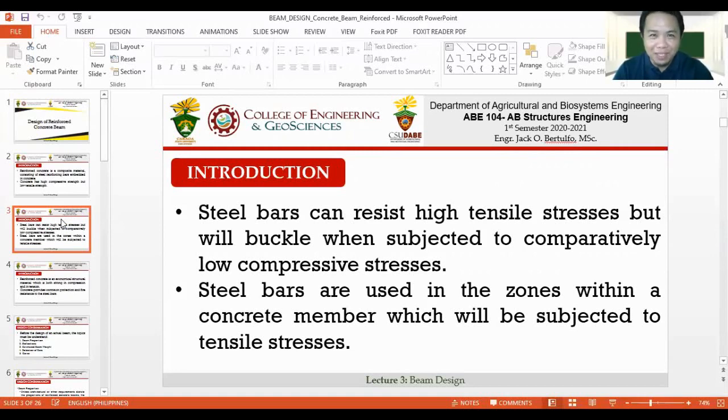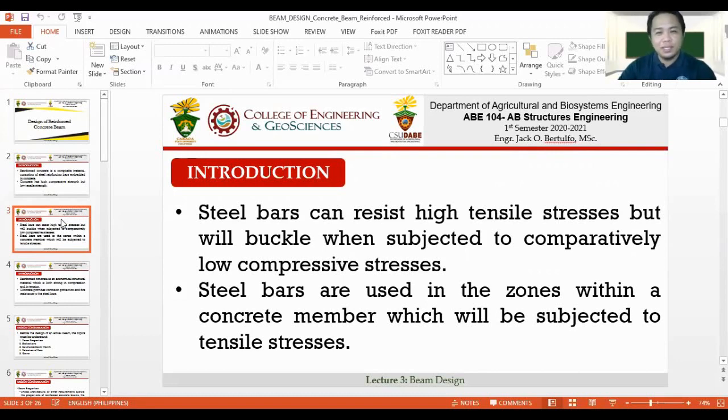So the statement a while ago about concrete is different from steel bars because they're opposites. If steel bars can resist high tensile stress, concrete will not. But concrete can resist high compressive stress, while steel bars will not. Okay, so they're opposite.